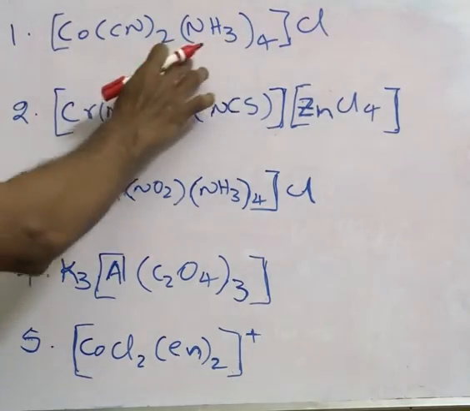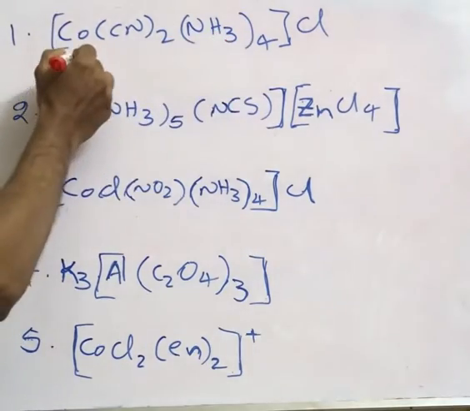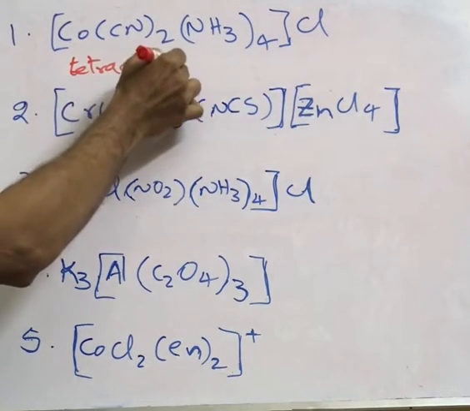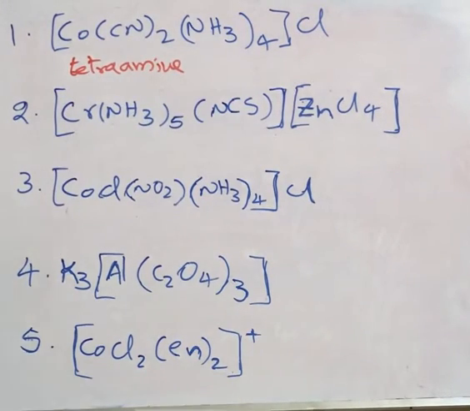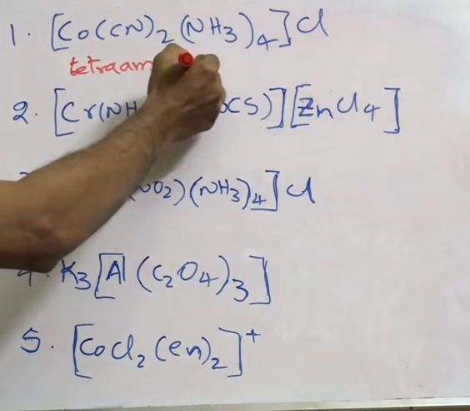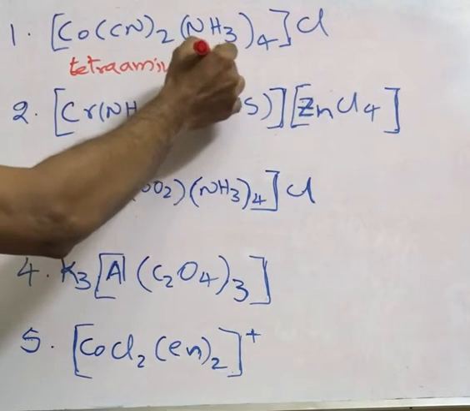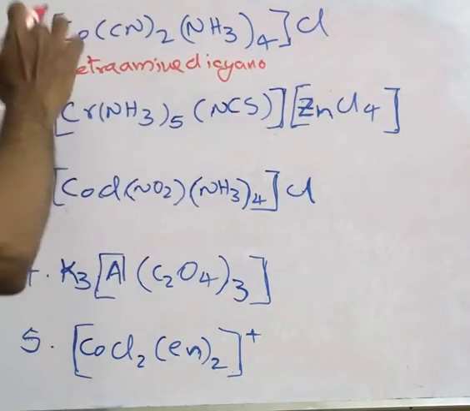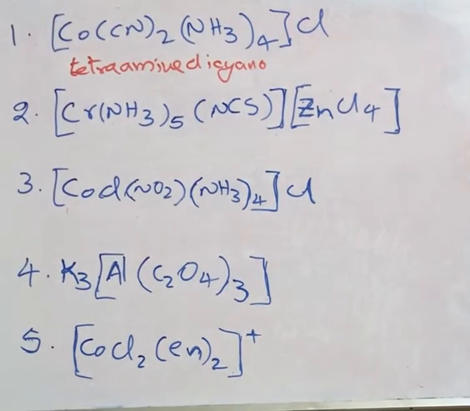So here, amine groups are 4, so tetraamine, then cyanide groups are 2, dicyano. Then cobalt. It is better to find out the oxidation state.